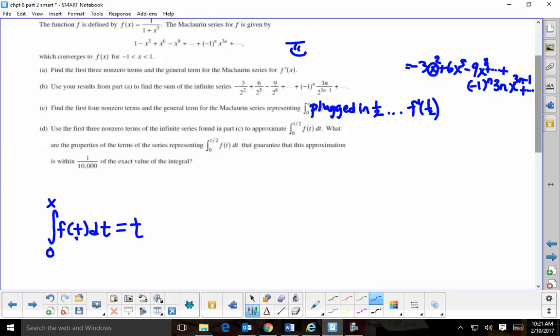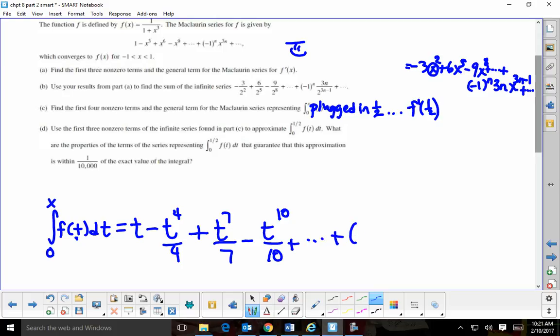So t minus t to the 4th over 4 plus t to the 7th over 7, minus t to the 10th over 10, plus, plus negative 1 to the n t to the 3n plus 1 over 3n plus 1, and we are evaluating that from 0 to x.